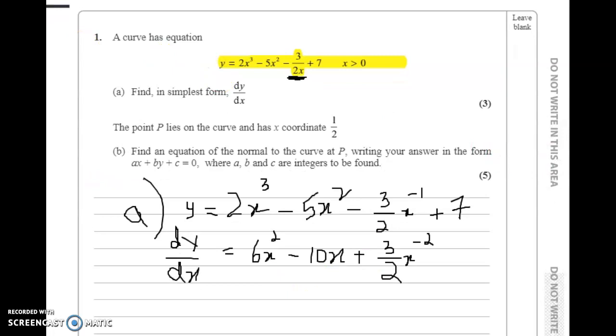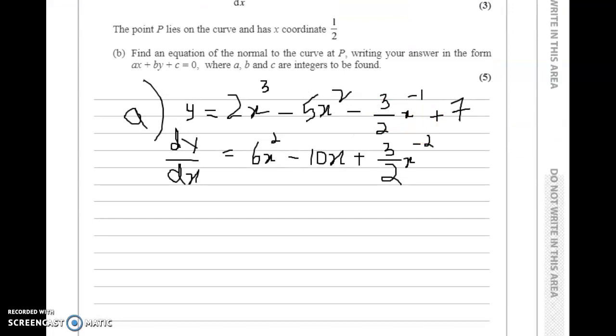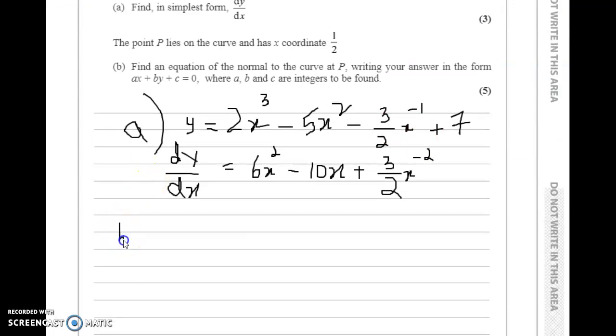Now we'll cover our final part, the P part. The point P lies on the curve and has x coordinate half, and then they say find an equation of the normal to the curve at P, writing your answer in the form ax plus by plus c equals 0, where a, b, c are integers to be found.